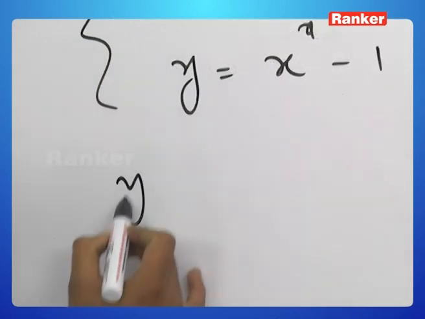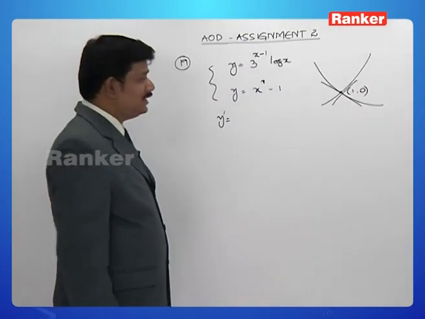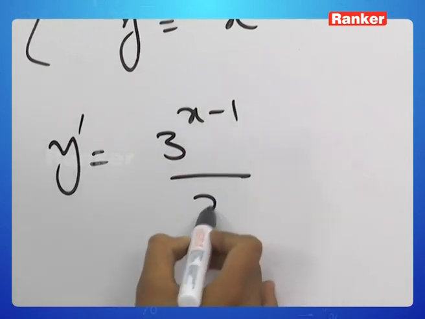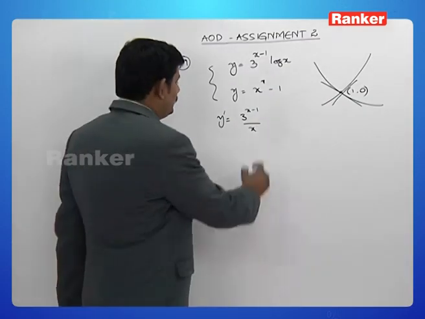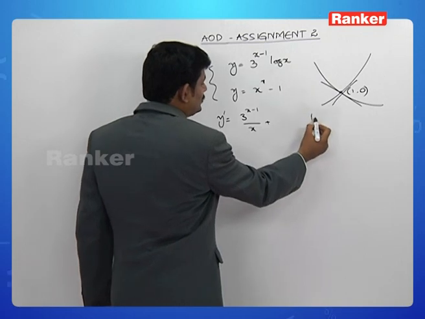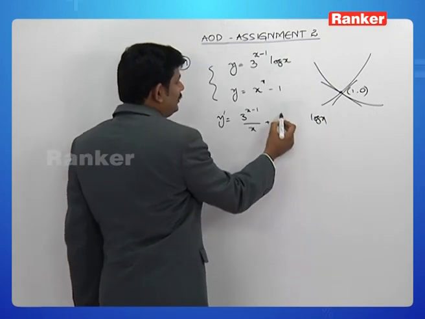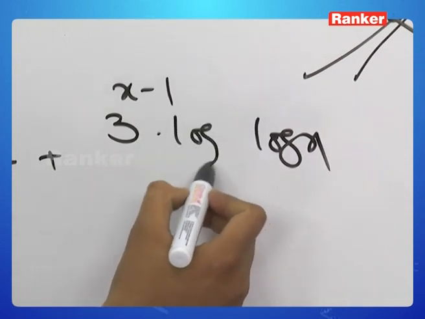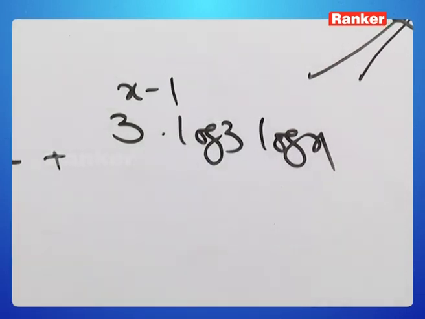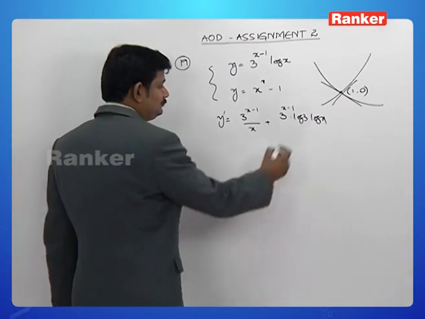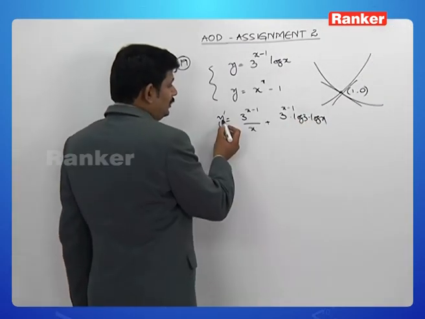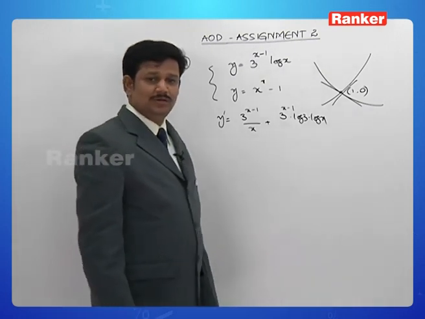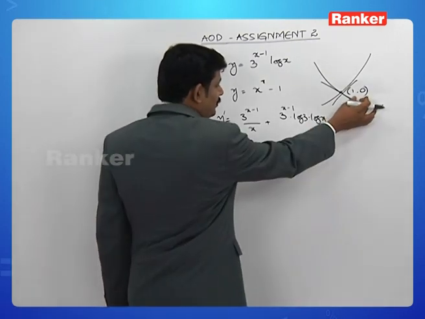So for the first curve, y dash, differentiate by the UV rule: 3 power x minus 1 divided by x plus log x into the derivative of 3 power x minus 1, which is 3 power x minus 1 into log 3. Derivative of a power x is a power x log a. So y dash is 3 power x minus 1 by x plus 3 power x minus 1 into log 3 into log x, and we want y dash at the point 1 comma 0.